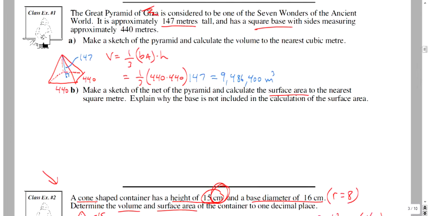Surface area. Okay, you ready? Make a sketch of the net. Why are they asking you to do that? Because a picture is worth 1,000 words. How many sides does this guy have? 1, 2, 3, 4, 5. How many sides does the pyramid have? I don't know.